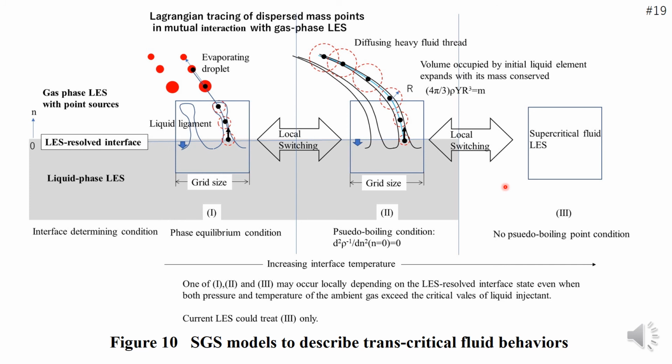Such a pseudo-interface exists as a continuous surface in space until the interface temperature increases to a certain value and the flow field becomes a completely supercritical state, like this, or when the pseudo-interface location becomes thermodynamically unstable and phase separation takes place, like this in the subcritical regime.